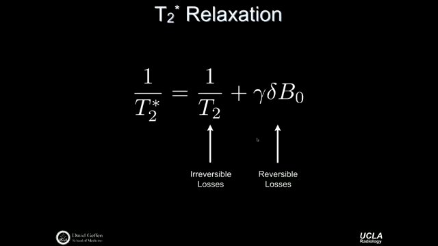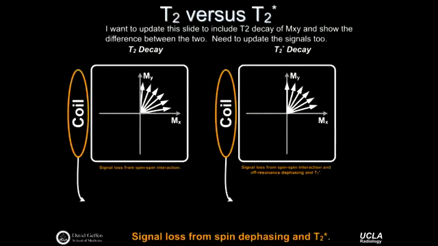When they're reversible, T2 star just converges down to T2. They're reversible when we use a spin echo, but not when we use a gradient echo. So sources of off-resonance cause T2 star to be even lower than the underlying T2 of the tissue of interest.